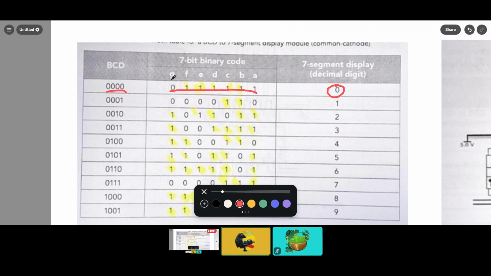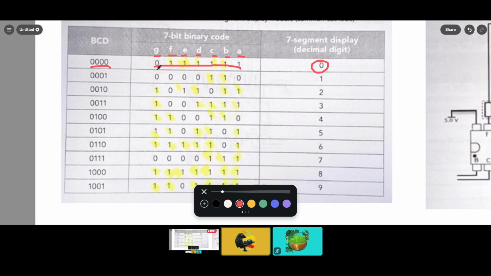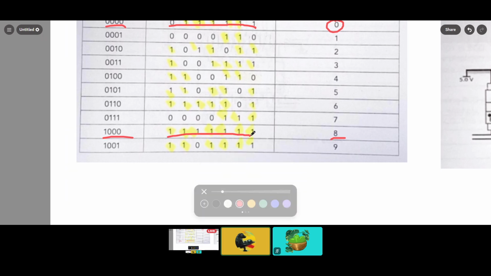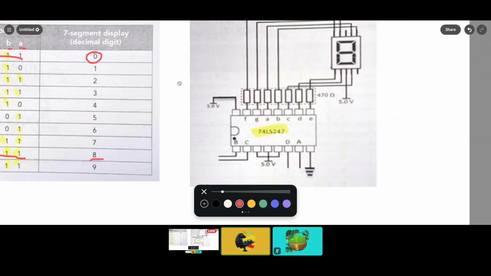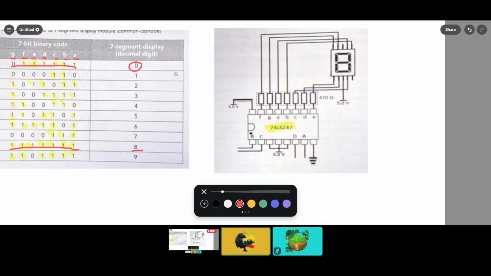In this case, it's GFEDCBA and not ABCDEFG. But anyway, for example, 1000 for BCD, which is 8, will produce 1111111 as the code.